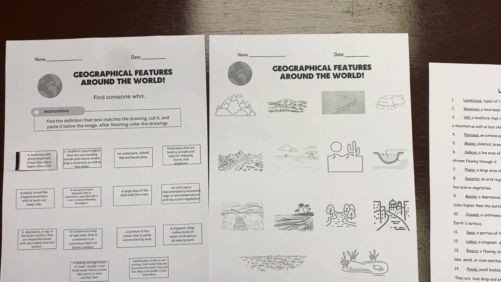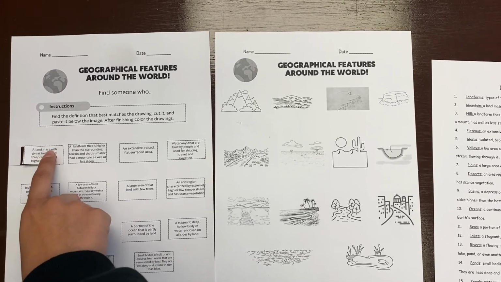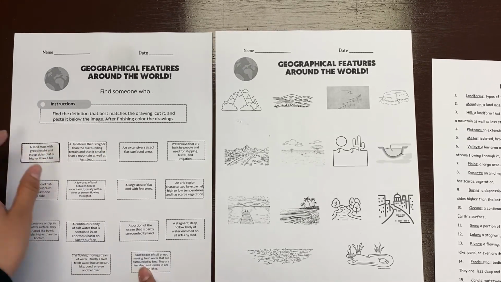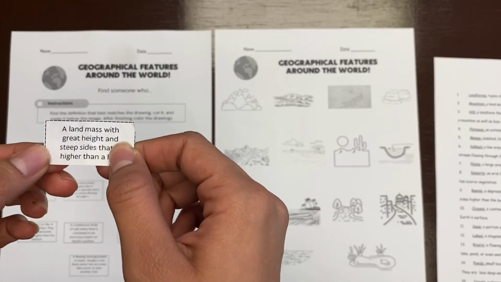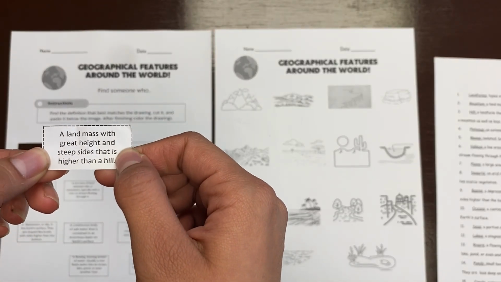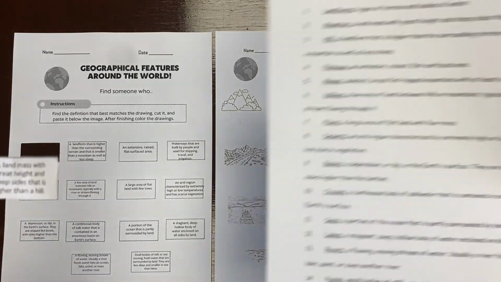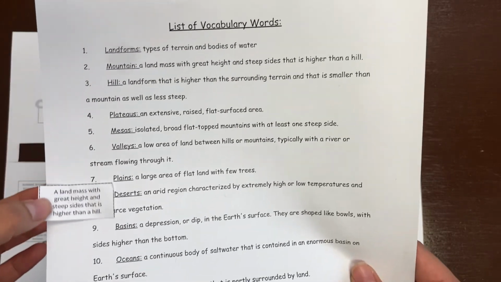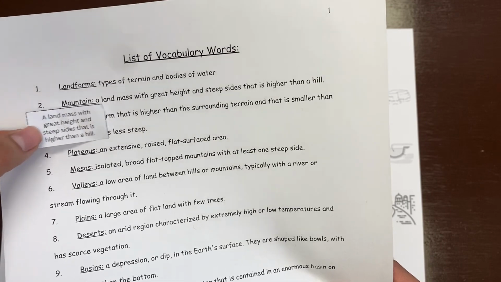So they will, for example, I started with this one. So students will first cut it, and then this one says, a landmass with great height and steep sides that is higher than a hill. So what they will do is try to find this definition throughout the list, which is this one, which is mountain.